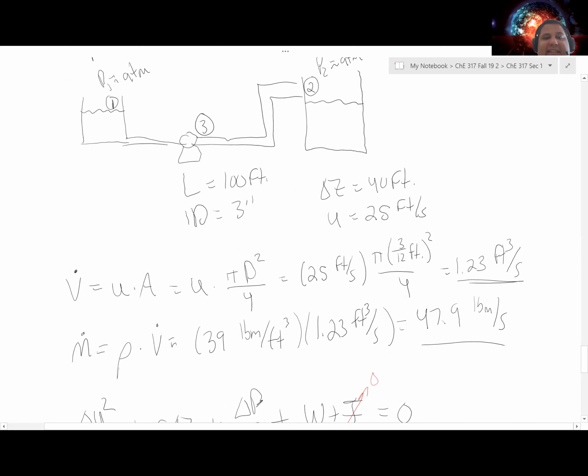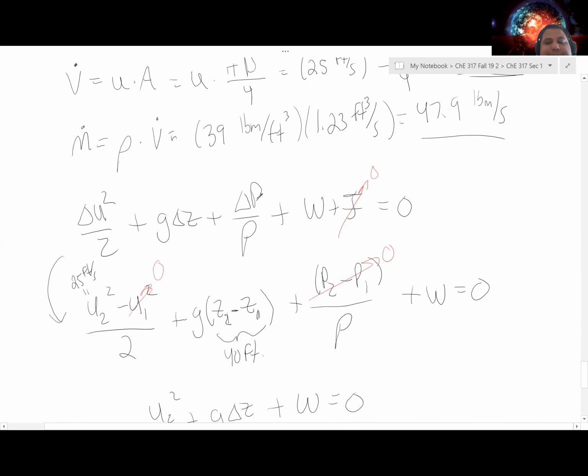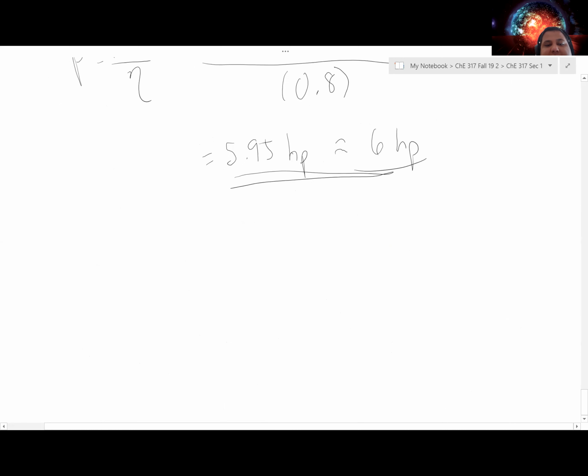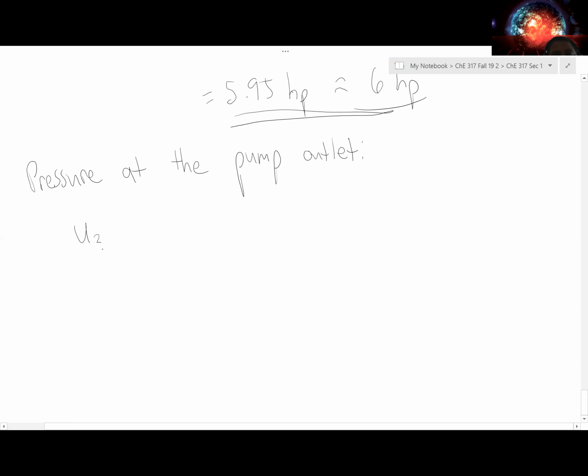I'm most likely going to look at 1 and 3, to find the pressure at the pump outlet. Which means if I write out that Bernoulli again, I'm left with this.